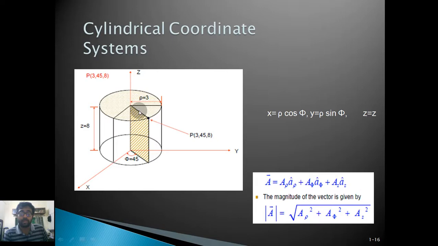Now at this point there is also a point in z. If we draw a similar straight line parallel to this straight line, we will touch the circular surface of the cylinder here.